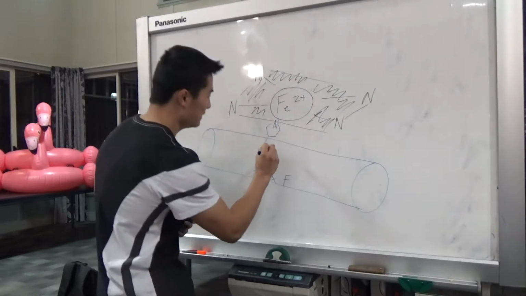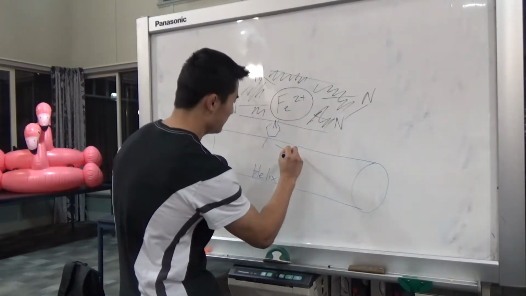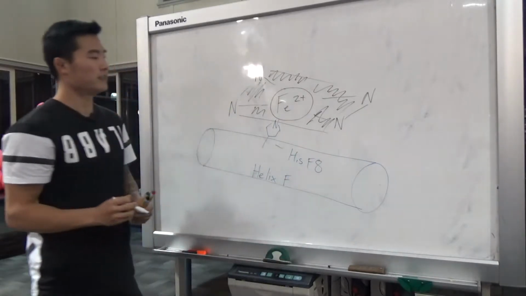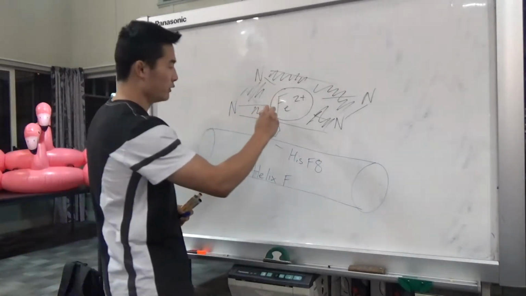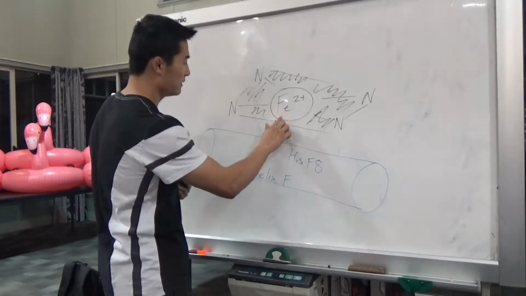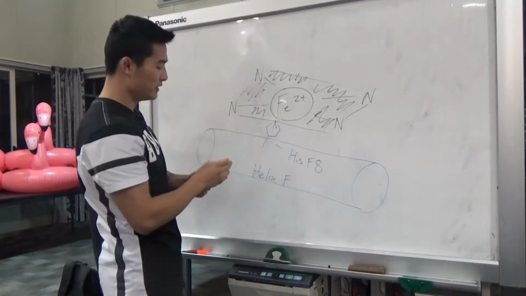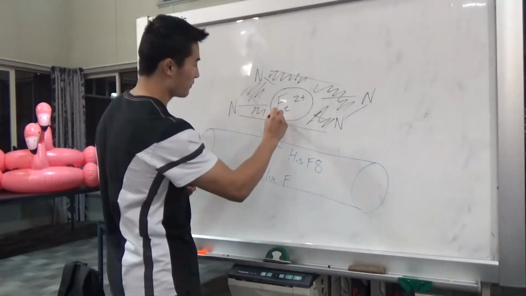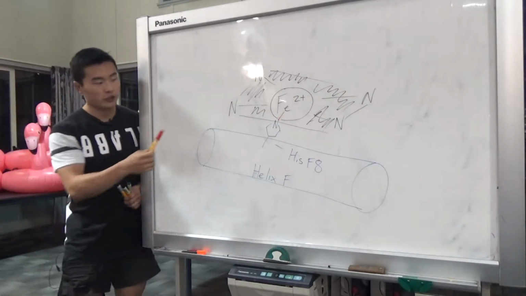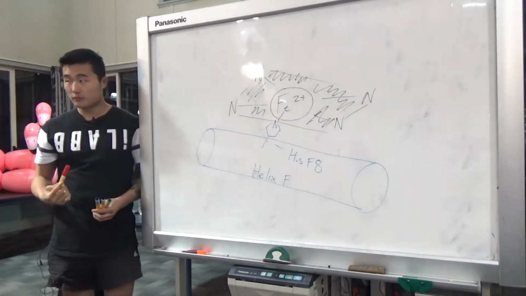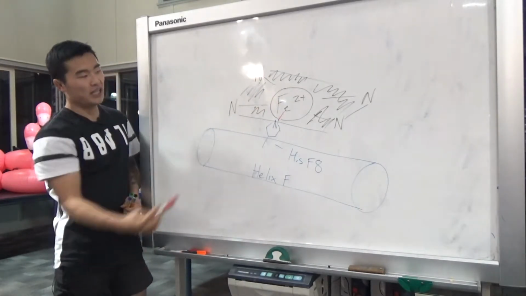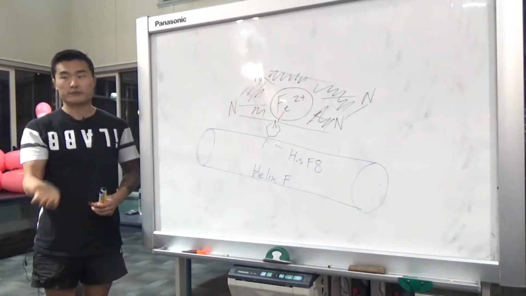So this one here is histidine F8, okay, and that forms a covalent bond, a coordinate linkage with Fe2+, and so this also holds the heme group in place and prevents it from floating away.